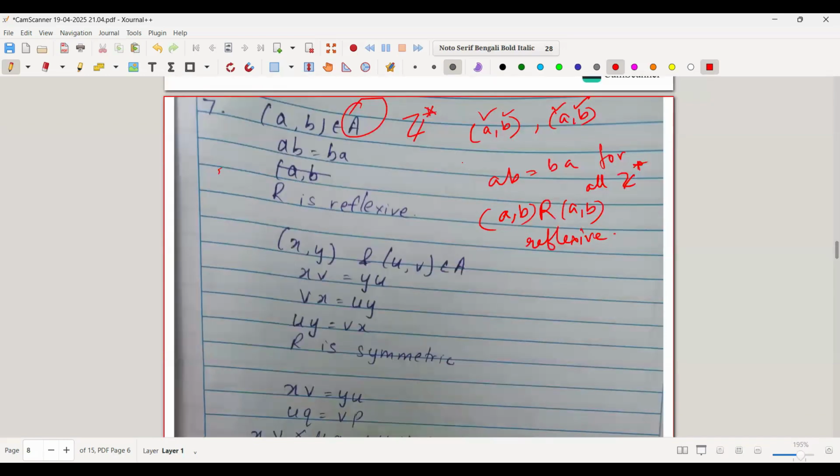Now here, (x, y) and (u, v) belong to not A, it is Z star. So xv equal to yu, this implies vx equal to uy, and uy equal to vx.